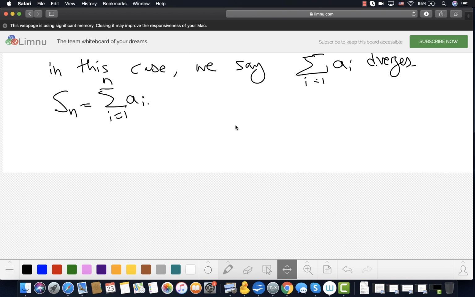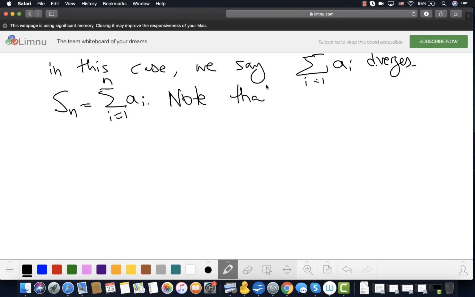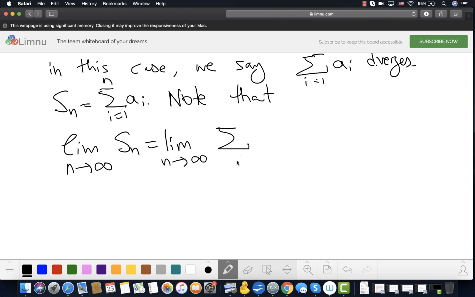Okay? So, in other words, note that the limit, just symbolically, limit as n goes to infinity of S sub n is simply limit as n goes to infinity of, well, by definition, S sub n is the sum i goes from 1 to n of a sub i.